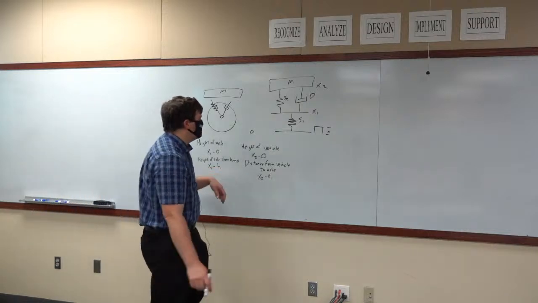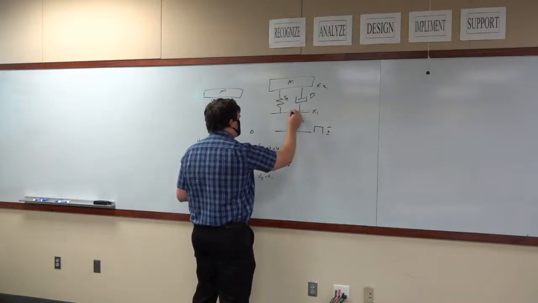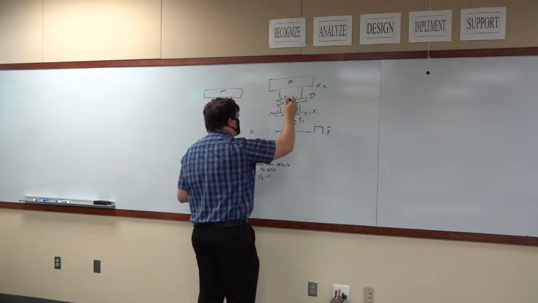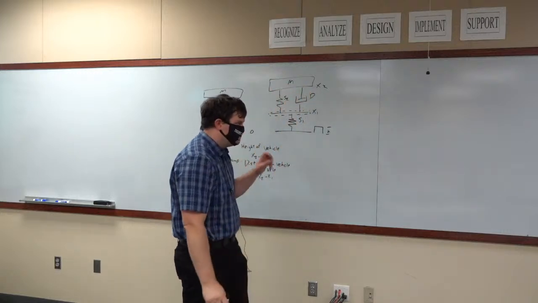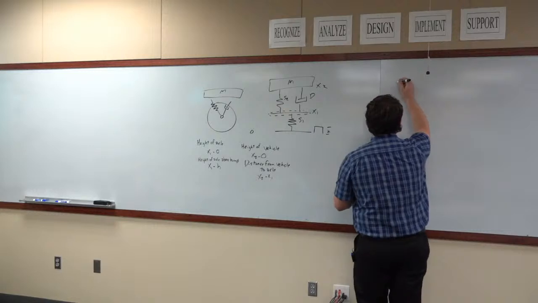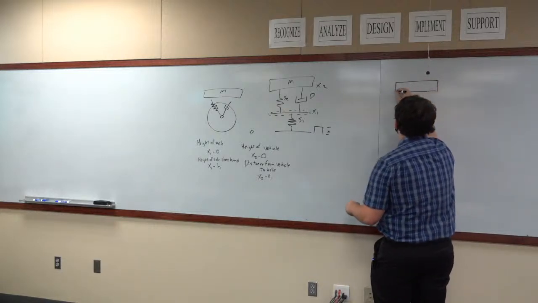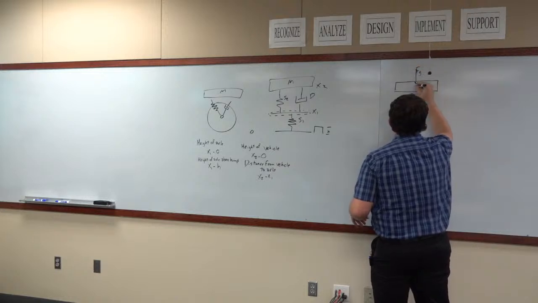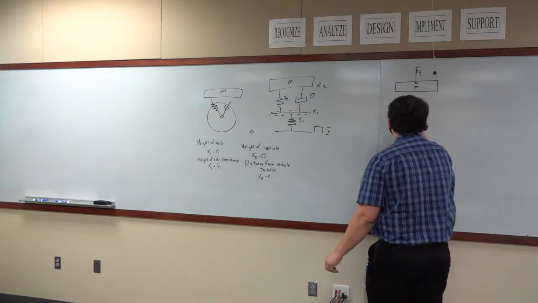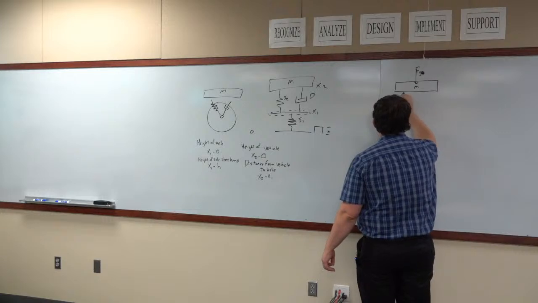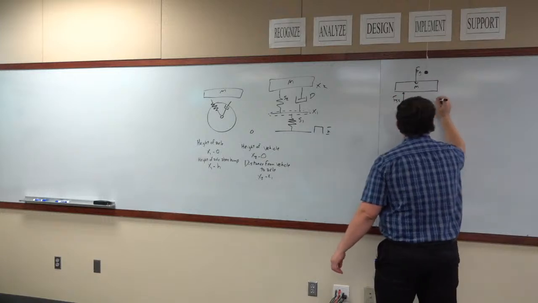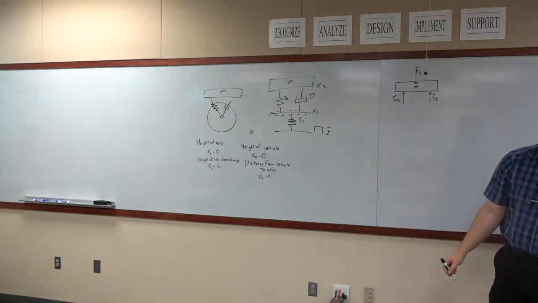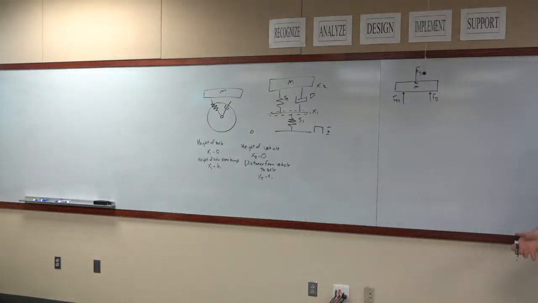Okay, what we'll do is we're going to go ahead and take a force analysis of this axle, and then we'll take a force analysis of this vehicle, which I think I also did last time, but just playing catch up here. So here, you have the force of gravity acting downward on the mass. You have an upward force from spring 2, and you have an upward force from the damper. Both of those are supporting the vehicle.